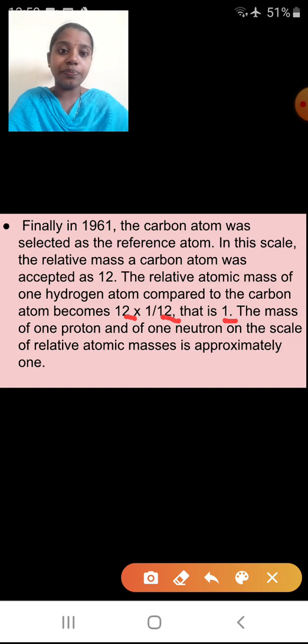The mass of one proton and of one neutron on the scale of relative atomic masses is approximately 1. When I calculated in this way, I got the answer 1.